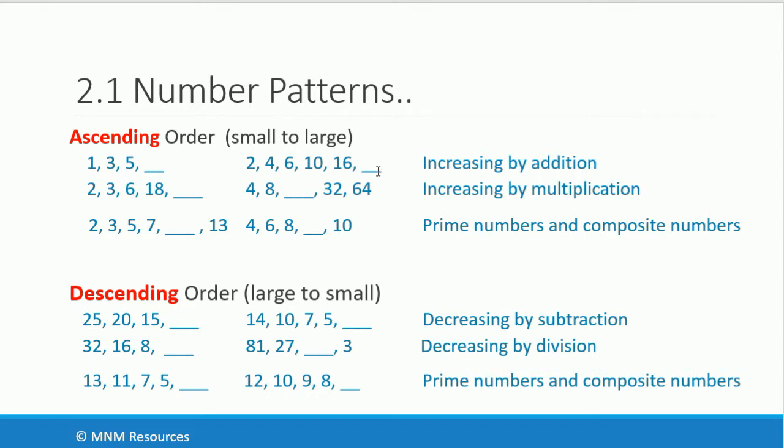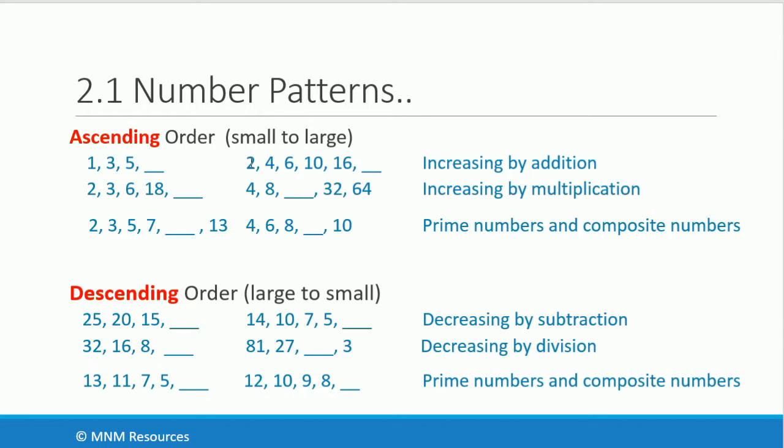Another common trend that you can observe involving addition is the addition of the actual numbers in the number series provided. So for example, in this particular example, you can see that the number increases from 2 to 4 to then 6 and then 10 and 16. If you observe carefully, you can see that the addition of the first two numbers gives you the third number.